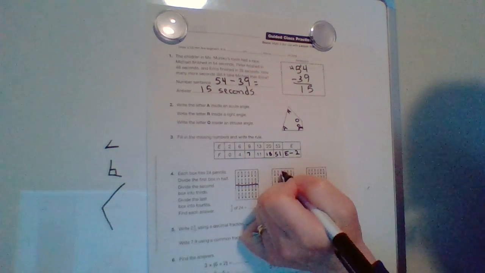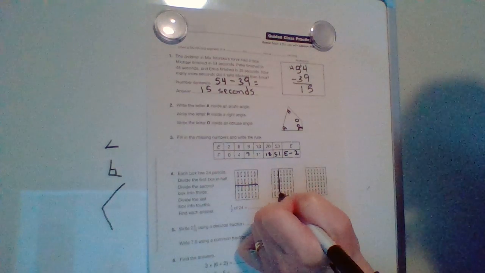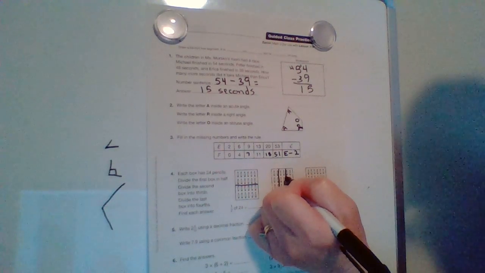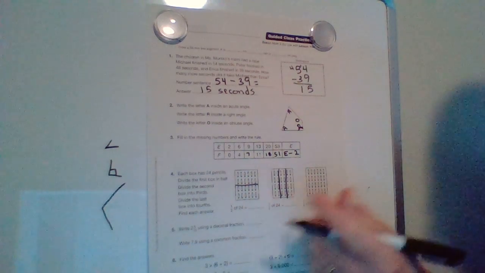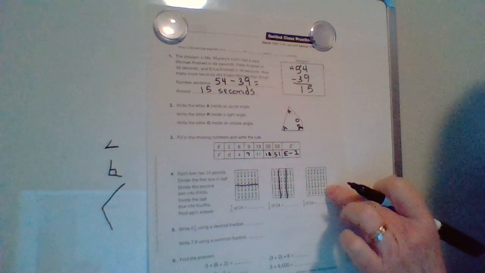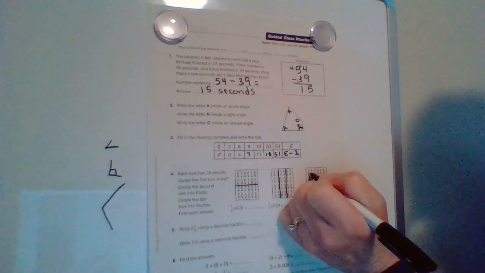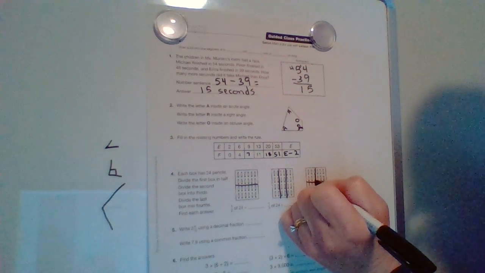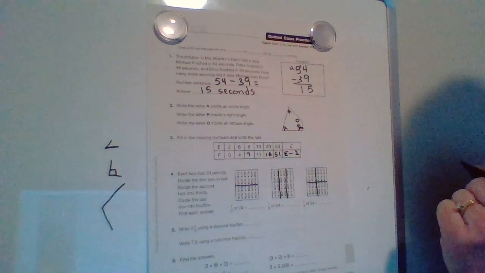And to do that, we're going to go up and down. Okay, there's 1. And now we have 3 parts. 1, 2, 3. This one is going to be in fourths. So I'm going to go in the middle. 1, 2, 3, go in the middle here. Okay, now we have 4 equal sections.